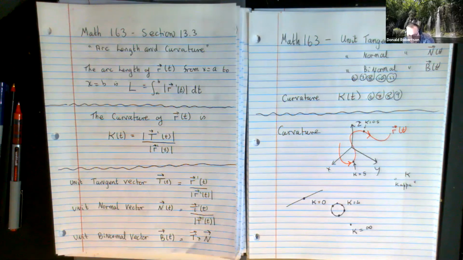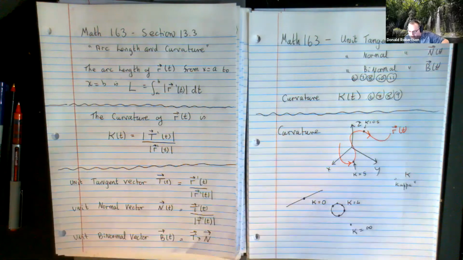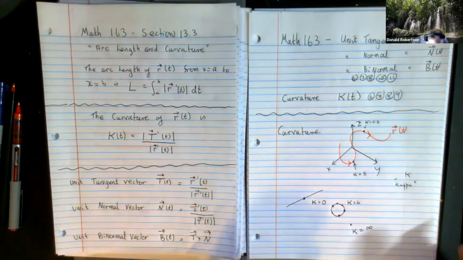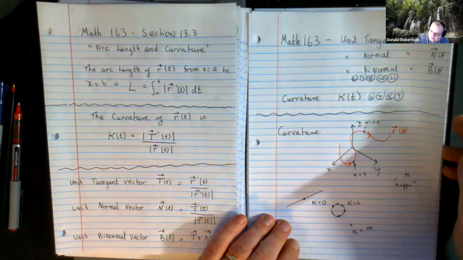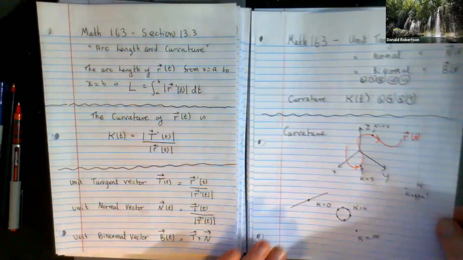Do you know there's another shape a little bit less obvious? I'll try and do it with my finger. Can you imagine a helix going upwards? One of those that looks like a spring? The kappa in those shapes is also the same at every point. It's curving the same amount. So what's the formula for calculating it?